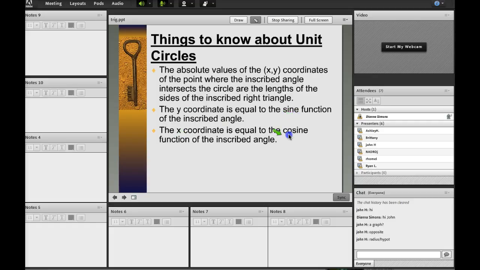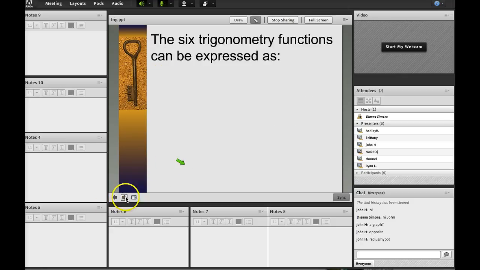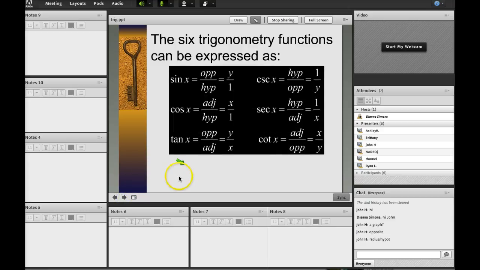The x coordinate is always equal to the cosine. And the slope is the tangent. Okay? So, sine is opposite over hypotenuse, or the y over 1. Why is it 1?